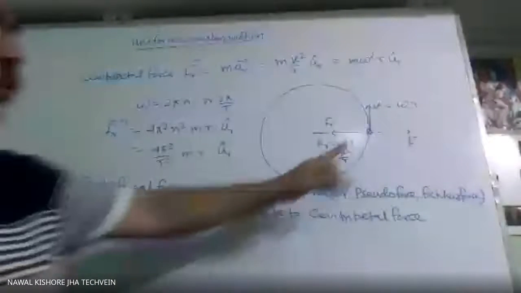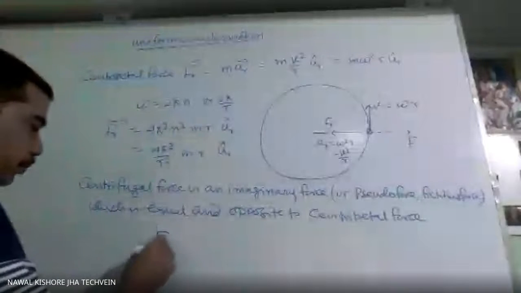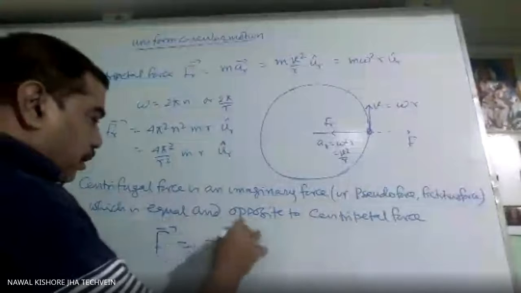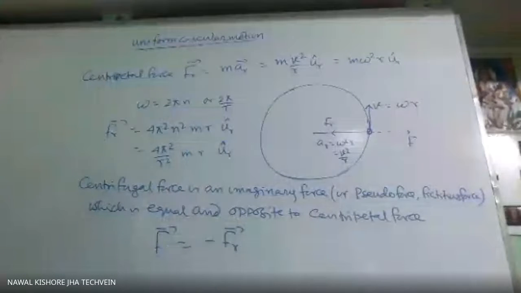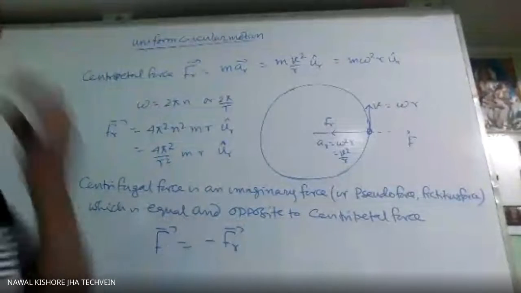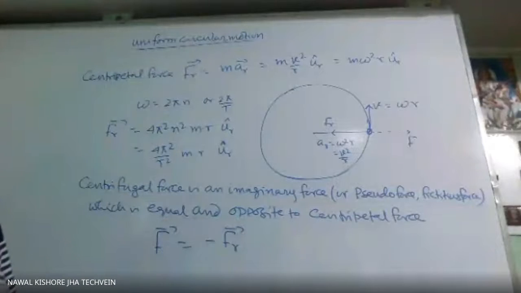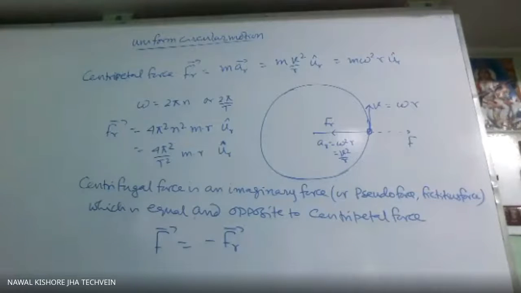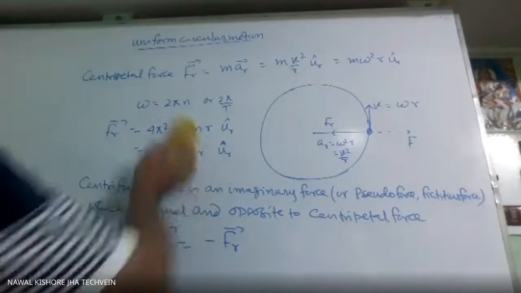So centrifugal force is equal and opposite to centripetal force. So this F is minus of Fr. Minus sign means the direction is opposite, not that the magnitude is opposite. So the direction of the centrifugal force is opposite to the centripetal force. Okay, so this much is uniform circular motion.